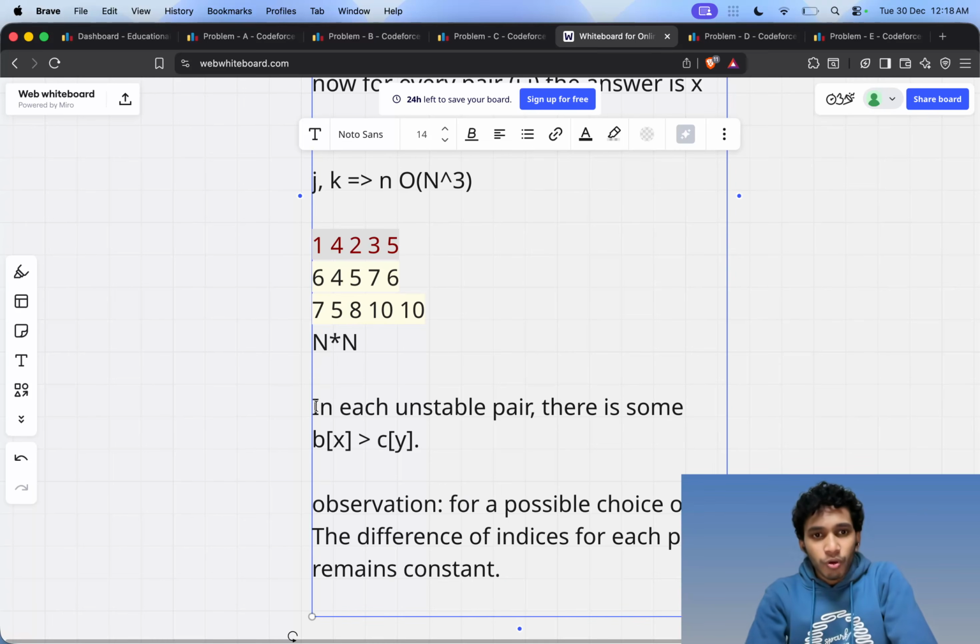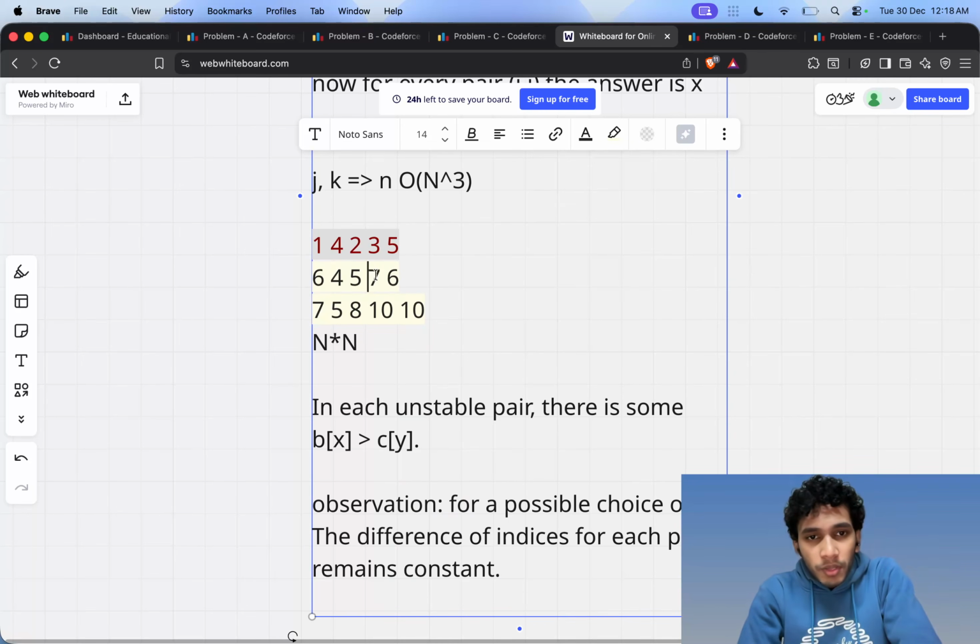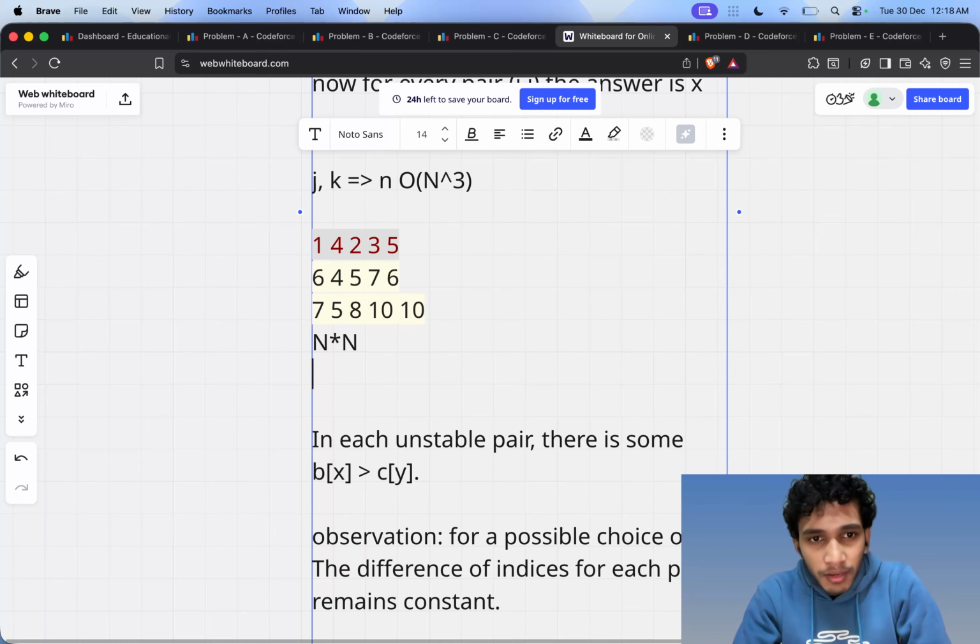So what is some possible index that gives an unstable pair? This and this give us an unstable pair. So this will be part of every j and k which have difference 1. What does this mean?